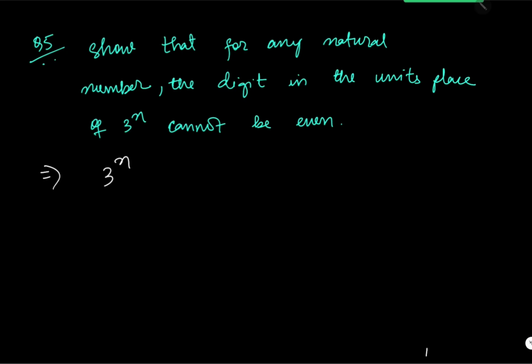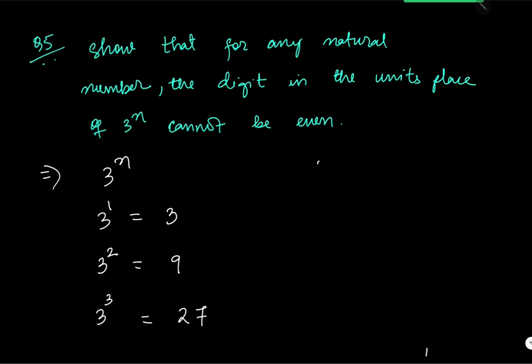Let us try to substitute each natural number here and observe the pattern that we get. If I substitute n equal to 1, then I will get 3. If I substitute n equal to 2, then I will get 9. If I substitute 3, then 3 cubed is 27.